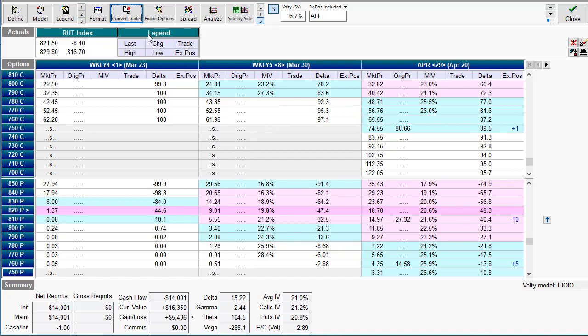Okay, so that's the sideways ranging market, and I think that gives you a good starting point to look at 3 different scenarios, raging up market, raging down market, and then a sideways market, and let you see how this reacts in all varying conditions.